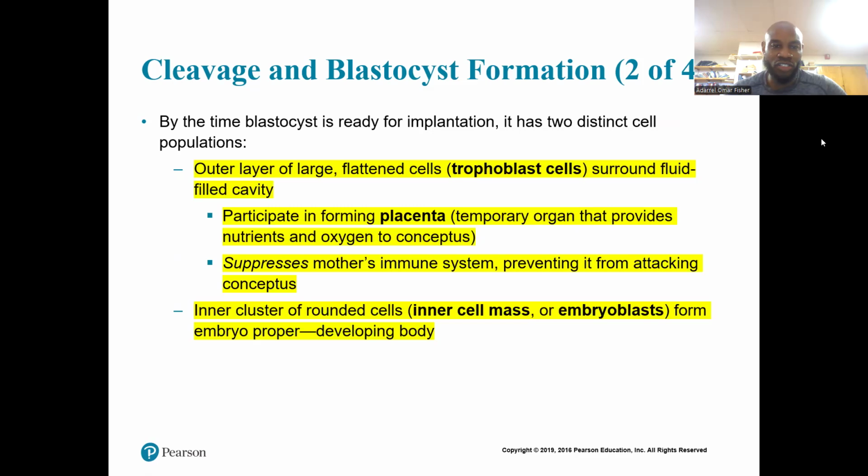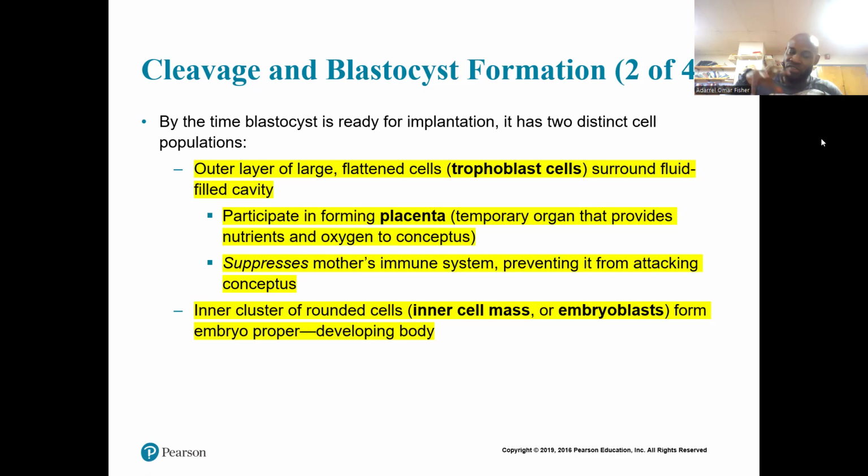By the time the blastocyst is ready for implantation into the uterine wall, it has two distinct cell populations. Outer layer, large flattened cells, trophoblasts surround a fluid-filled cavity. They participate in forming the placenta, a temporary organ that provides nutrients and oxygen, and suppresses the mother's immune system so that the mom doesn't attack the embryo.